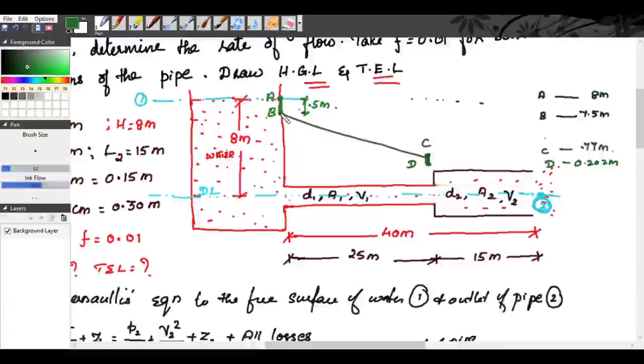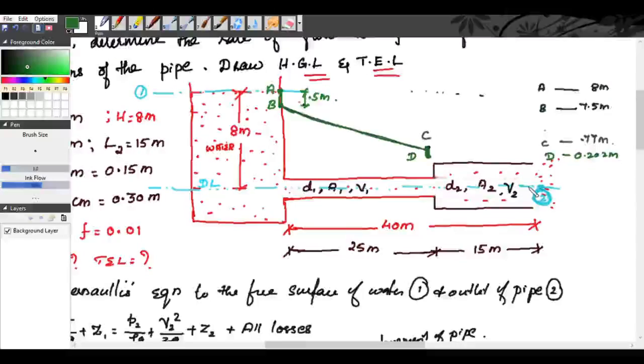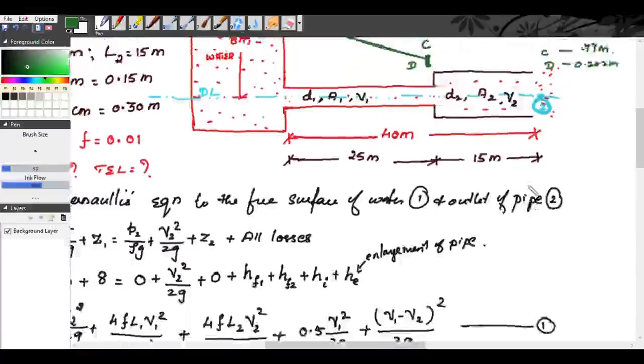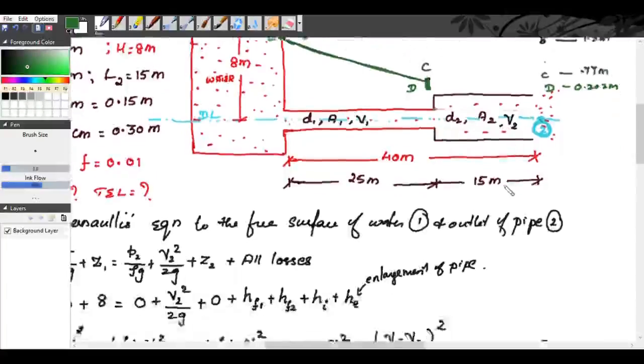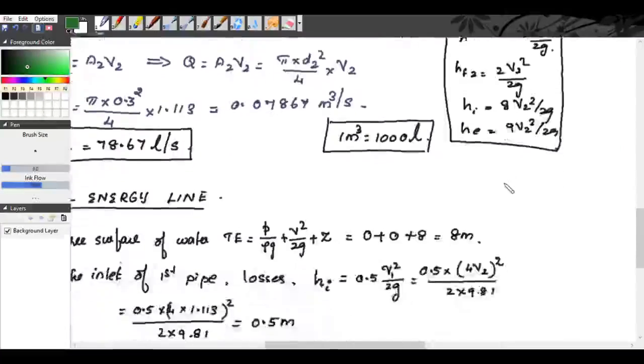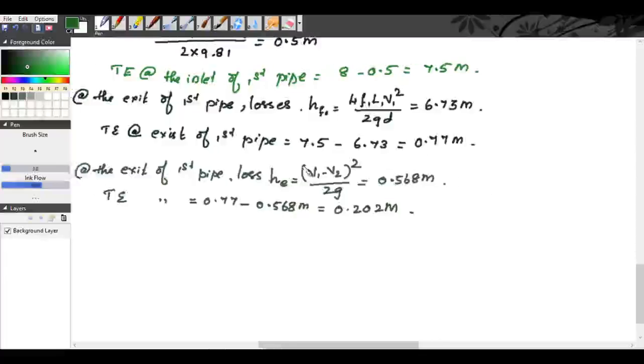Okay, so from A to B, draw a line from B to C, then from C to D. Now, when you reach this point, there is a frictional loss in pipe 2, that is HF2. So find what is HF2. That is at the exit of pipe 2, right?